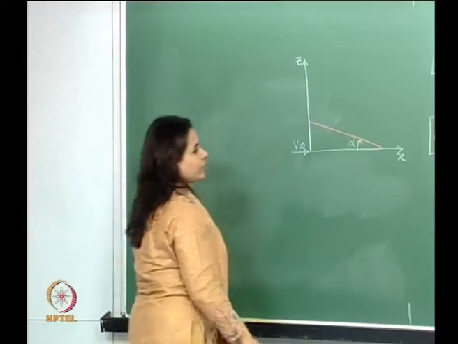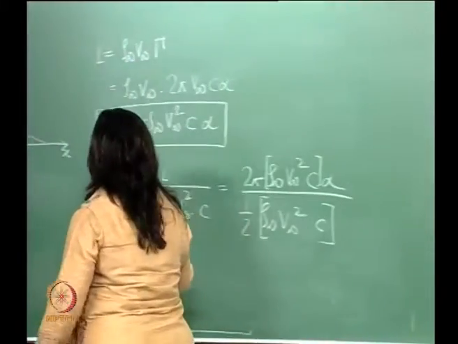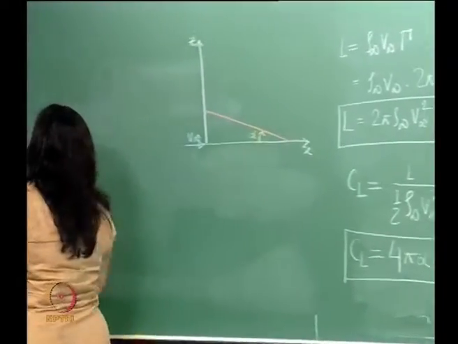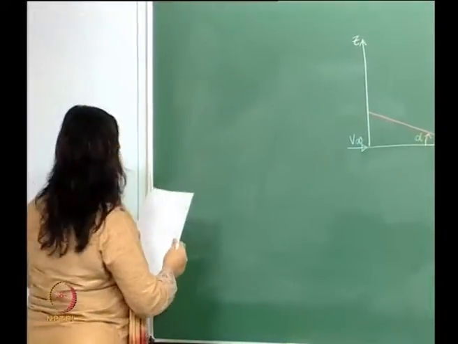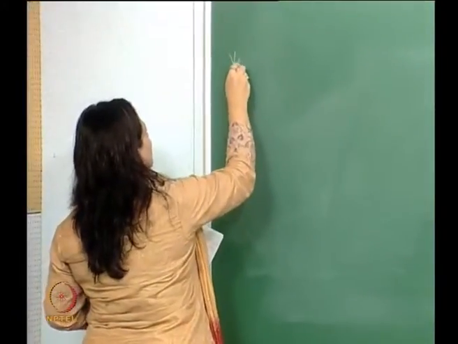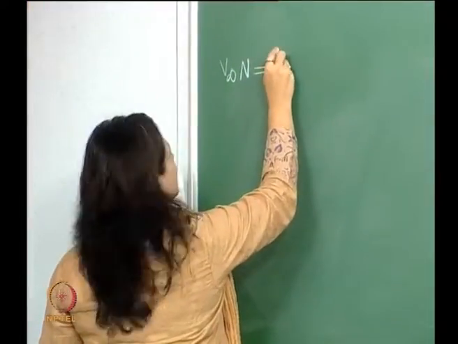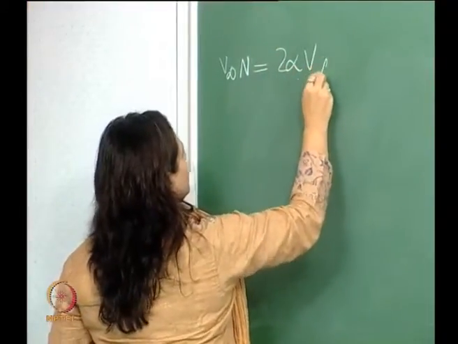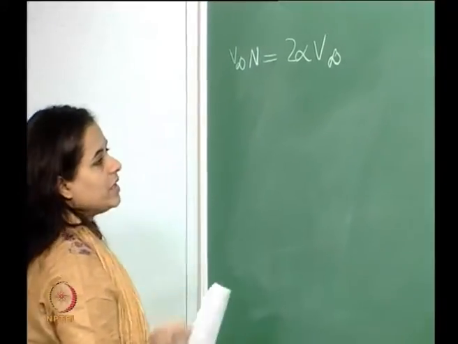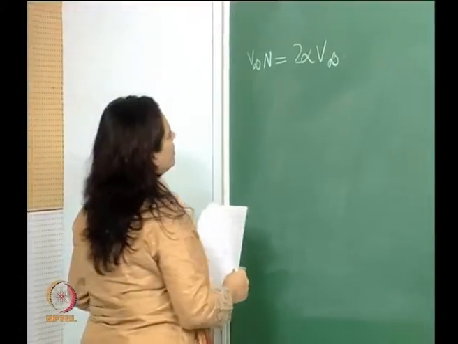So, we have found an expression using the linearized thin airfoil theory, right. Now here the normal component is 2 alpha V infinity. We have seen this, right. So, the normal component out here is 2 alpha V infinity.